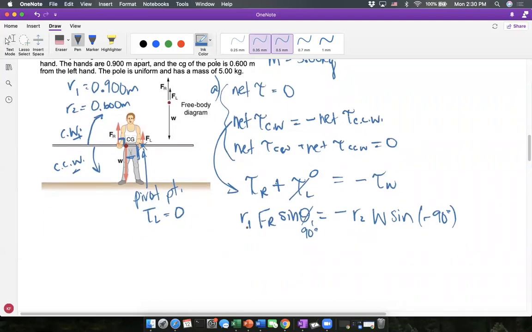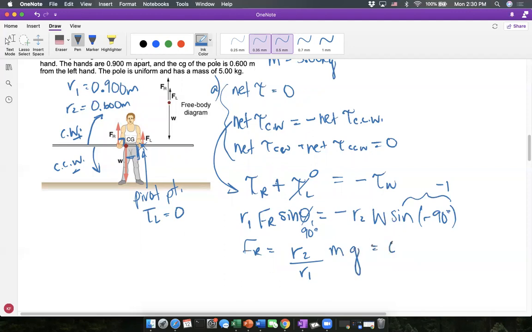Okay, so now we can plug these things in and solve for F R. So it should be R2 over R1 times our W, which is mass times gravity.